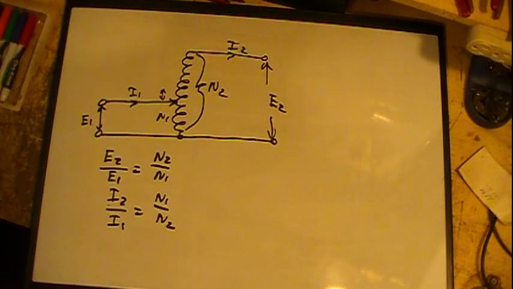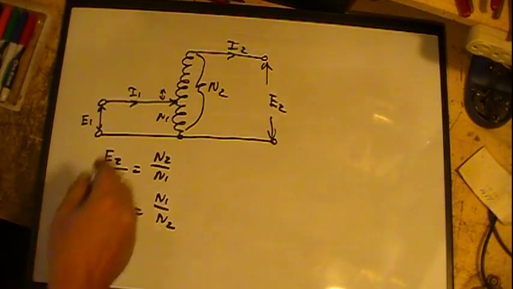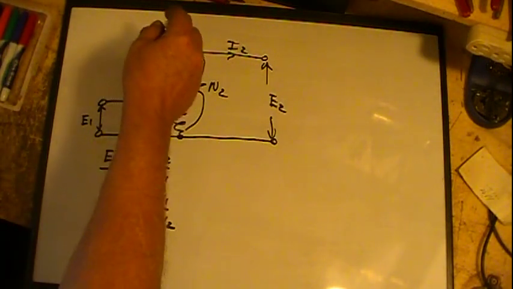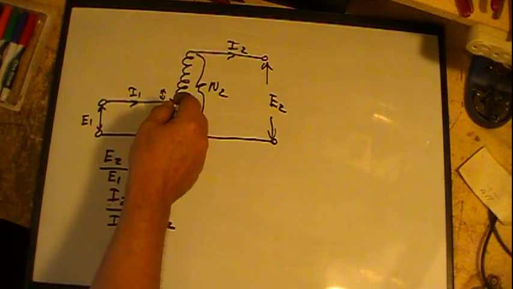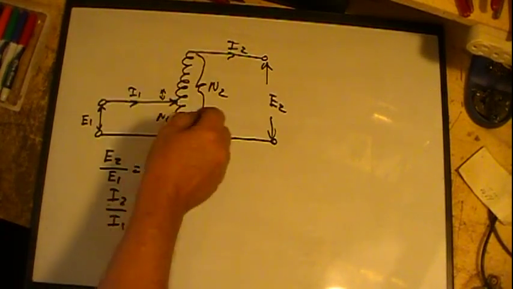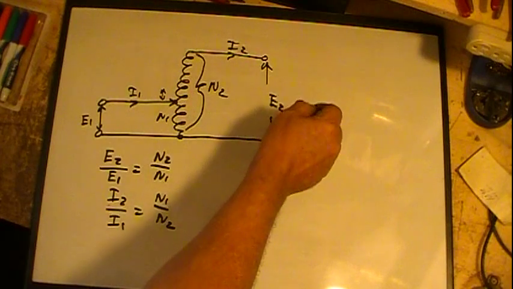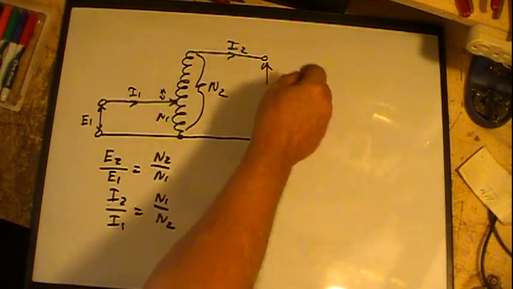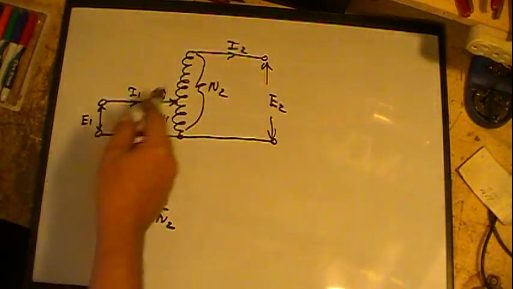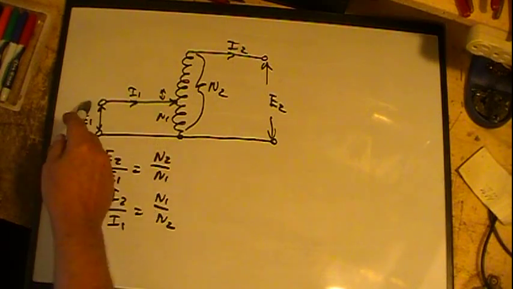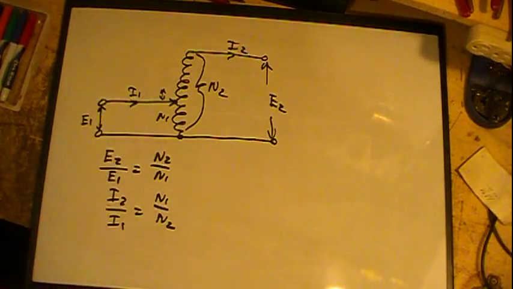The only difference is that basically all I've got is just a winding, and that entire winding is my secondary, and I get E2, my output, there, and then I tap it for my primary. That's the only difference, as opposed to the double wound where I have two separate coils.